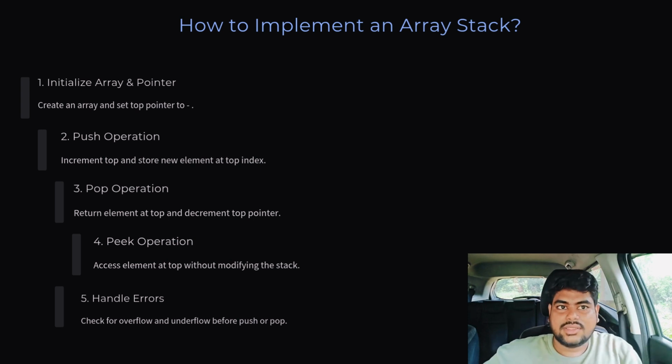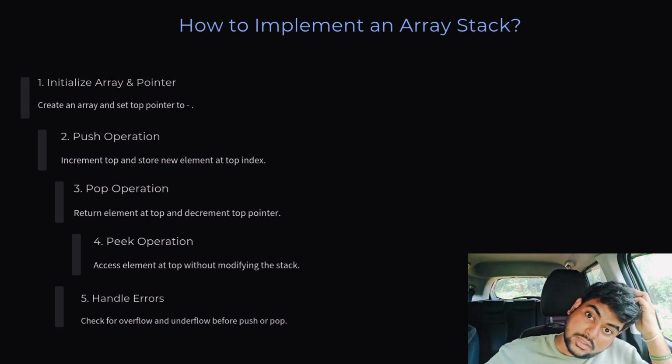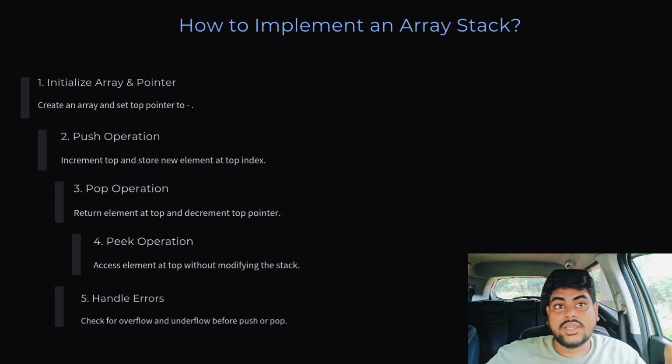So it decrements it because we popped out one, and returns the element. Fourth, peek operation. As we talked about earlier, if we want to identify what the element on top is, we can use the peek operation.